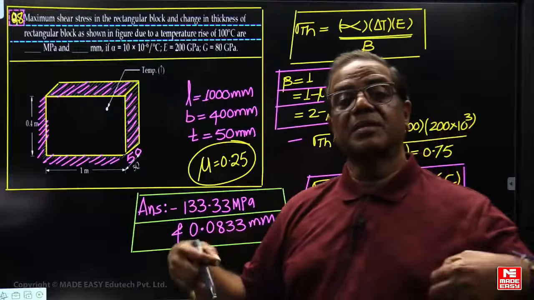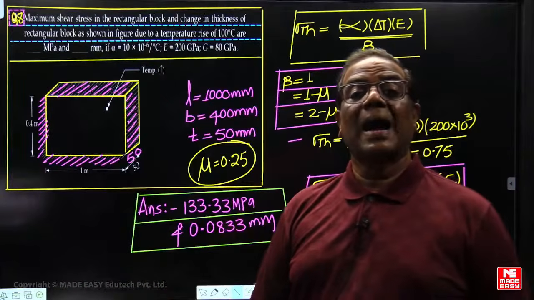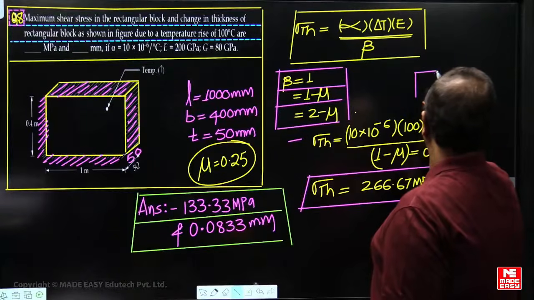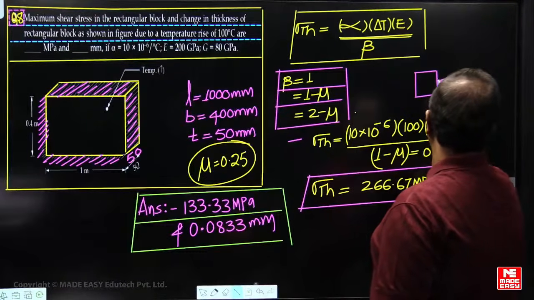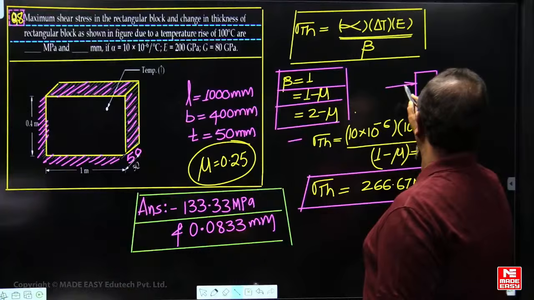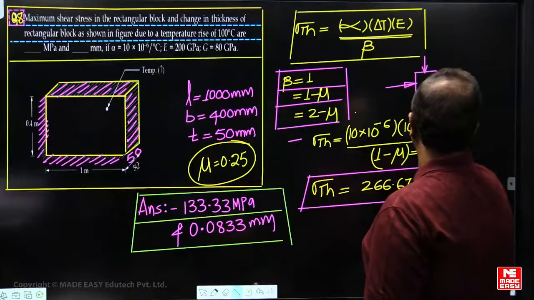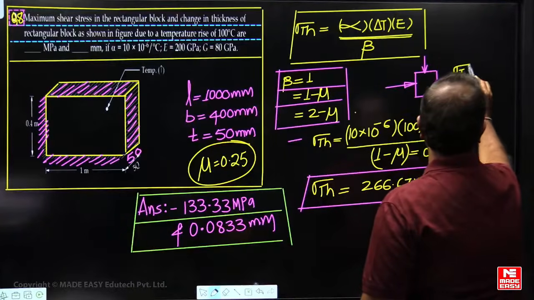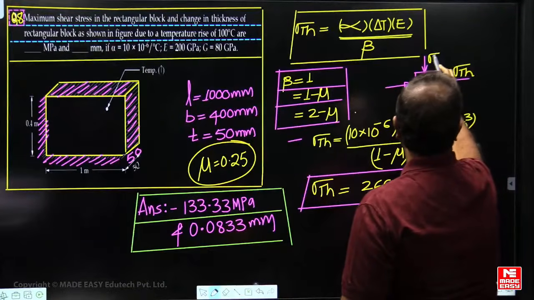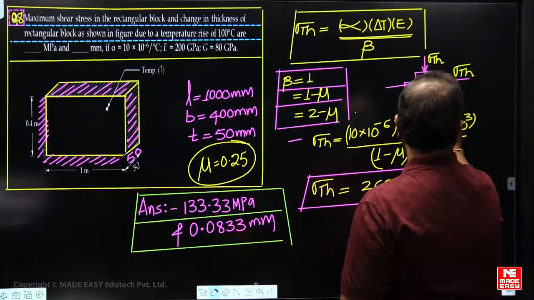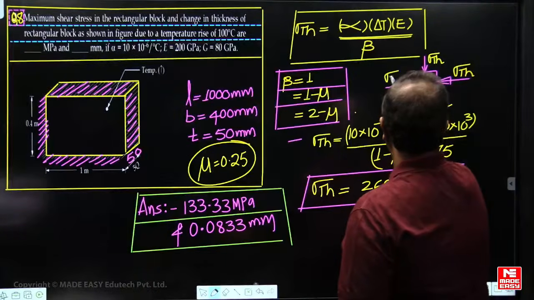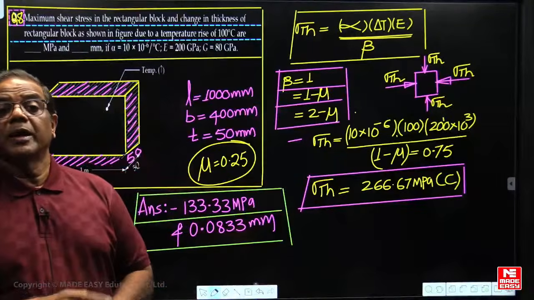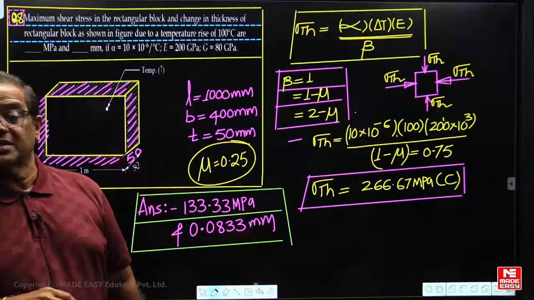Now it's asking maximum shear stress. Here you are going to get a biaxial state of stress. What is the state of stress you are getting here now? Biaxial state of stress. So some students are going for 0 now. In-plane tau max 0 है, absolute tau max 0 नहीं है.